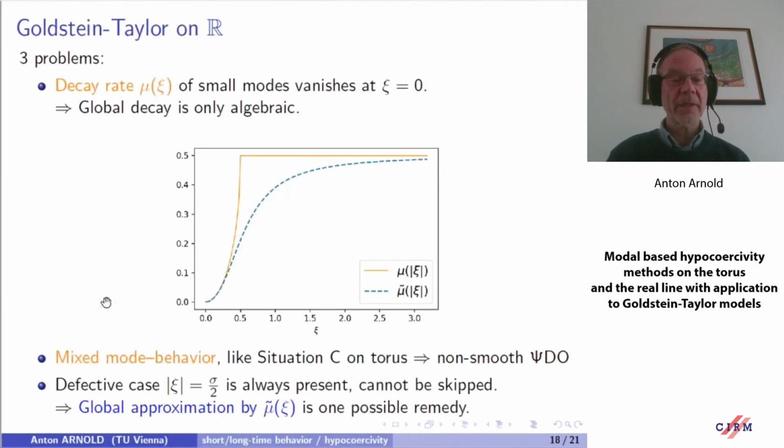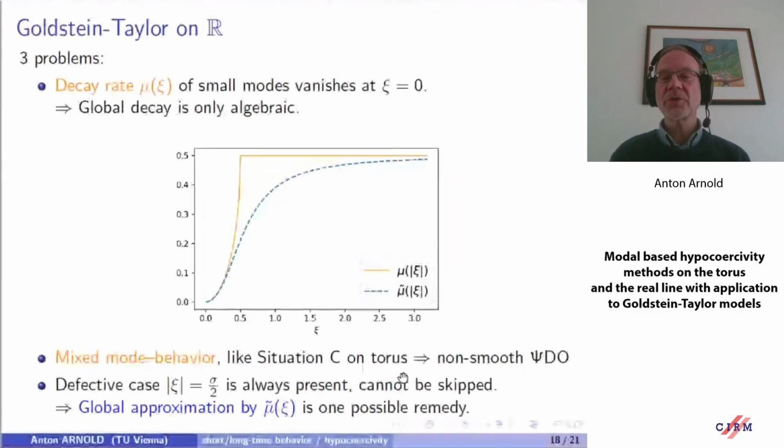Second problem that we have to consider. You see that this orange curve has two distinctly different branches. The first curve, which looks like a parabola, and then this constant. So this is a little bit like the situation C on the torus, where we also had this mixed case between the low and the high modes.